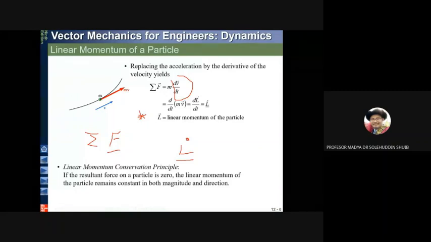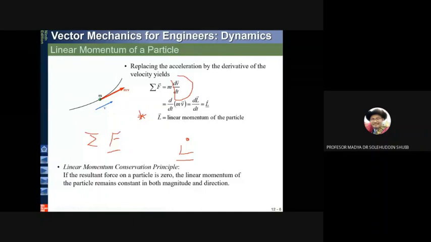Another important concept that needs to be mentioned here is the linear momentum conservation principle. If the resultant force on a particle is zero, the linear momentum of the particle remains constant in both magnitude and direction.